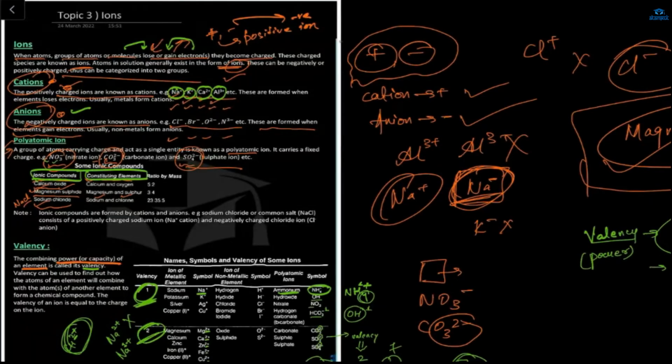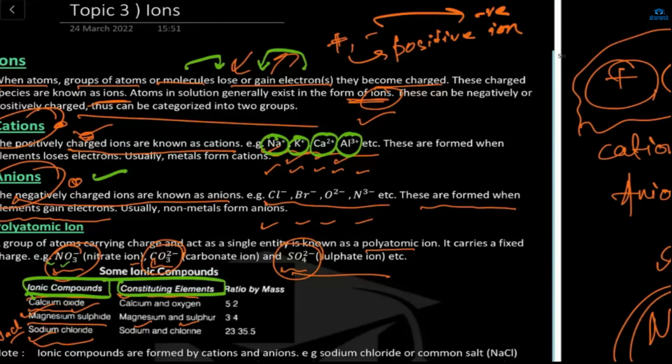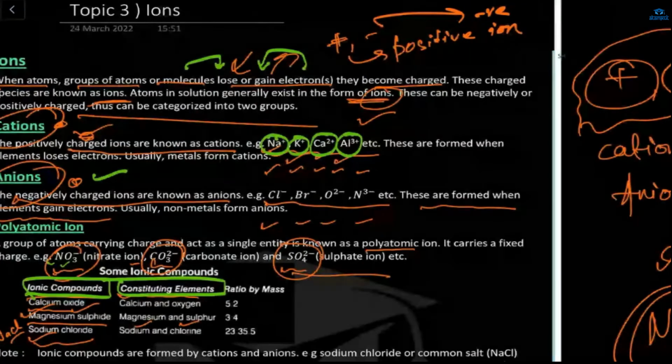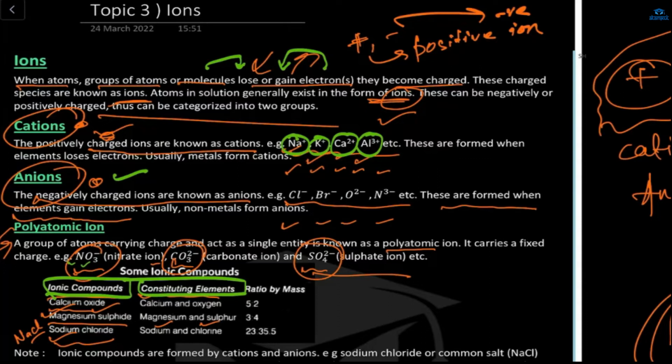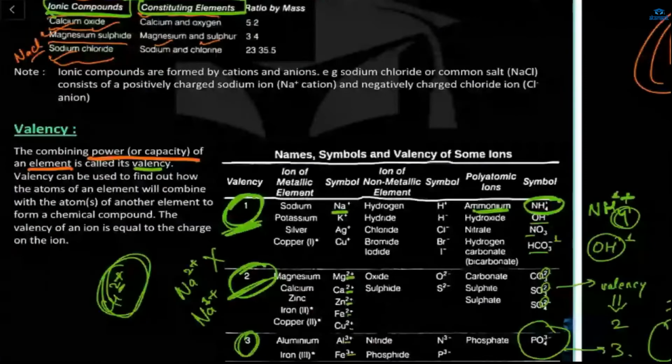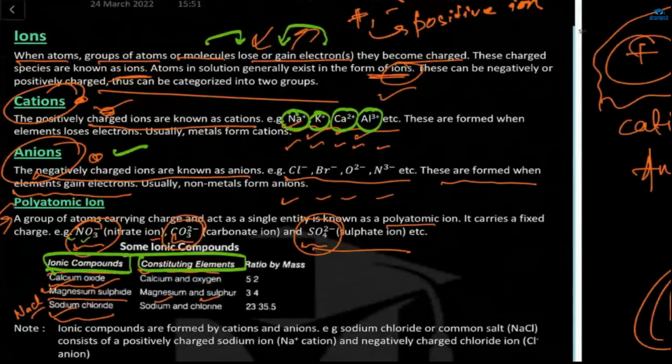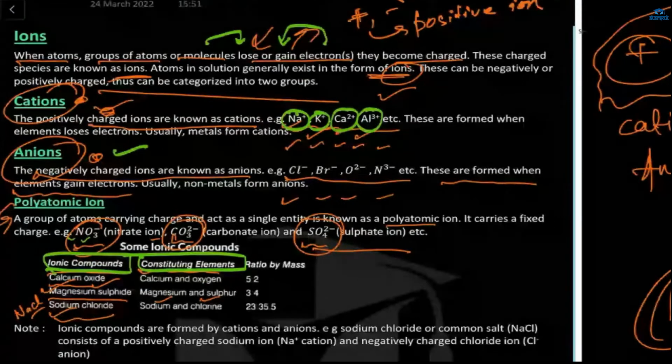Any doubt here? Razi? Yes, I got it. Okay. Arham? Yes, I got it. Any doubt, Arham? I just have a little confusion about that power thing. Which one? Valency one? No, I couldn't get what exactly is power.